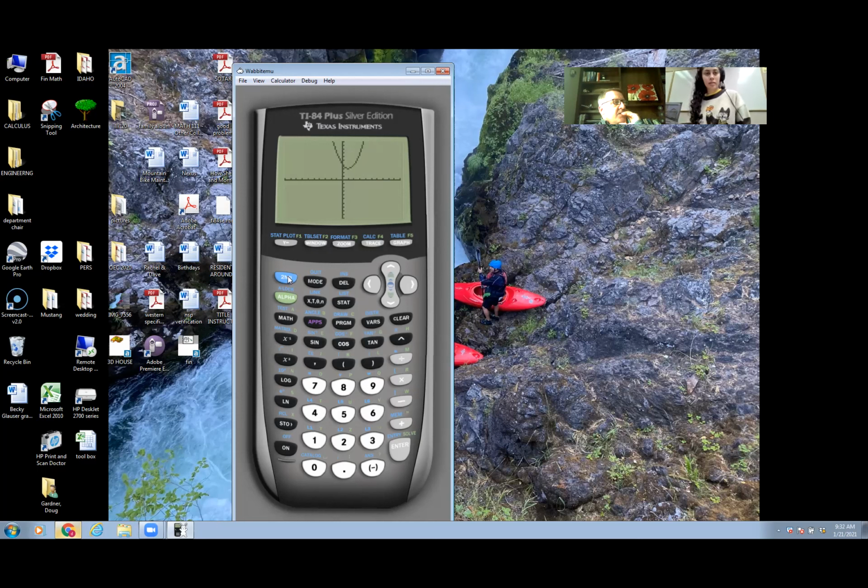If you go into stat, see how there's a stat right here? Hit stat, and then go to edit. What do you see?